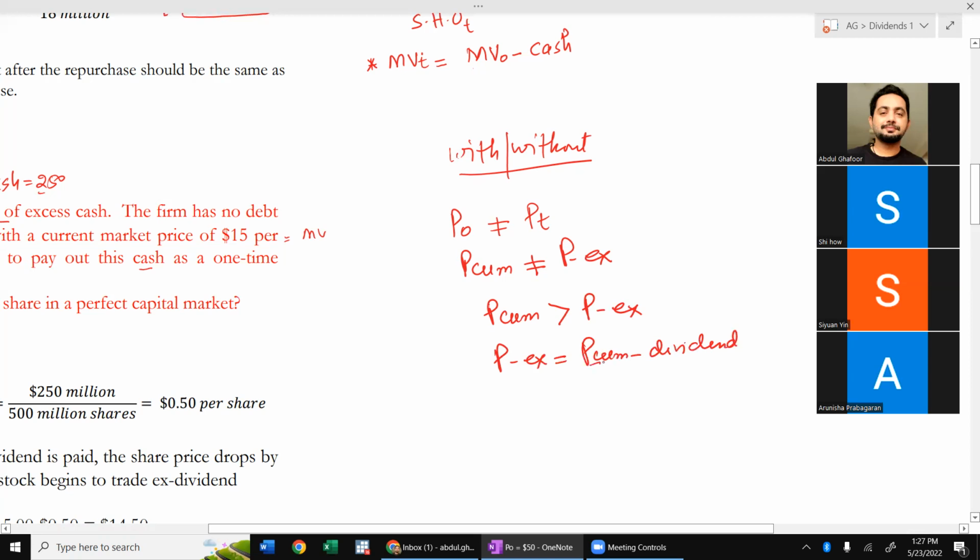Because it is a price for one share, this dividend should also be dividend per share. So this dividend does not mean the total cash. Because this is the price of each share, we should also calculate the dividend of each share. So dividend per share is equal to total dividends divided by shares outstanding.